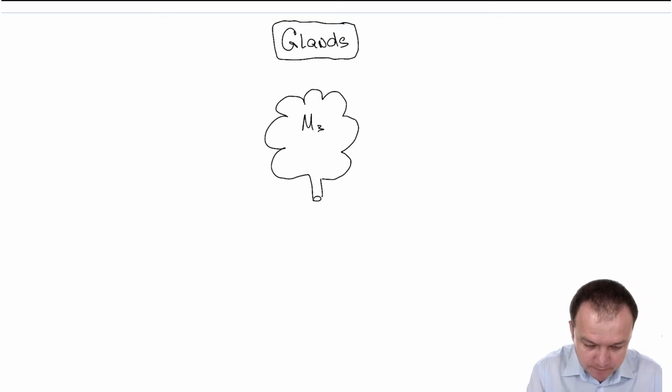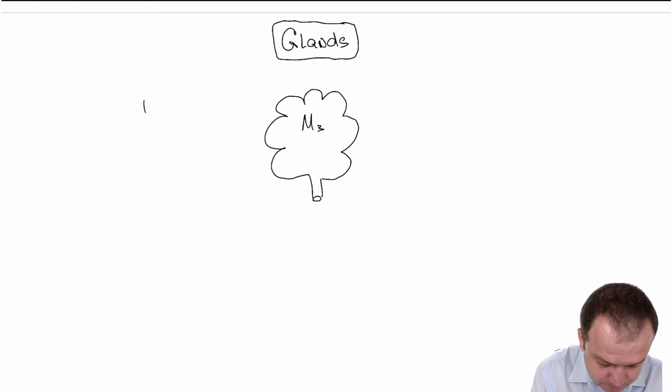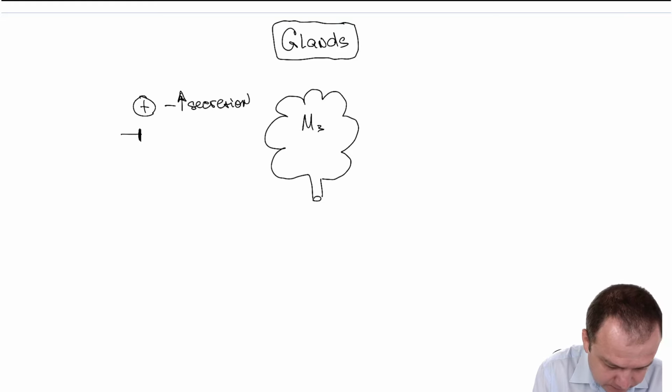M3 receptors, we have activation of M3 receptors increases secretion, and blockade of M2 receptors decreases secretion.